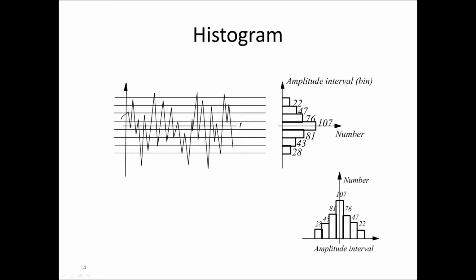So we divide the y-axis into a number of intervals, and then we count the number of samples within each interval, and we plot this in a bar graph, which we then twist around to become a plot like this. This is the histogram.